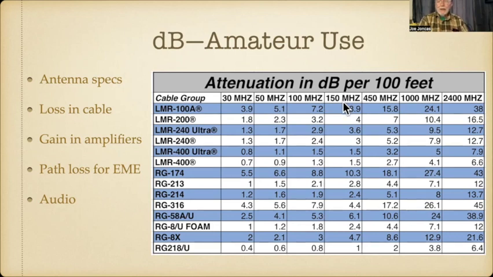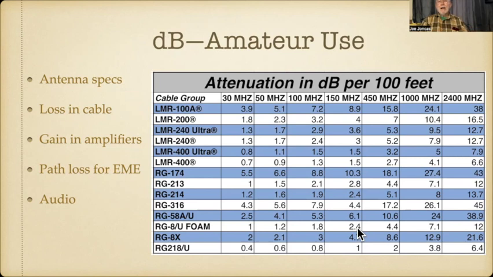If we go to RG8, which is the old standard, that's 2.4 dB of loss in 100 feet. So if you cut that and it was only 50 feet long, it would only be 1.2 dB loss, which is very little loss.